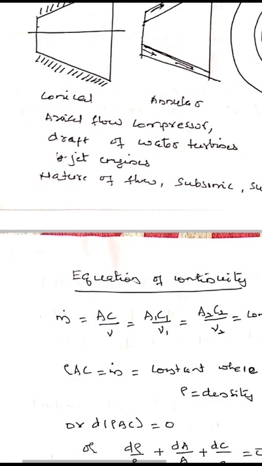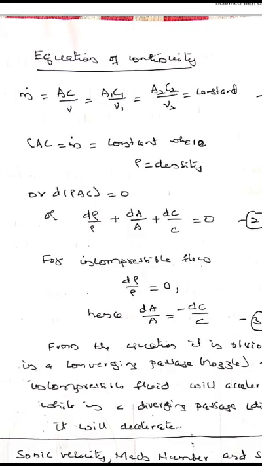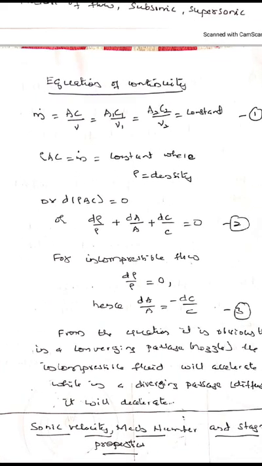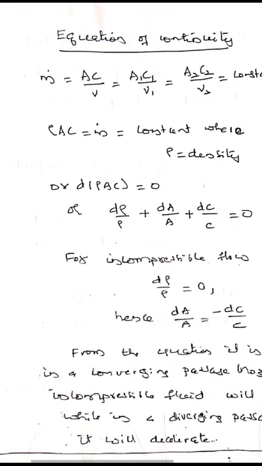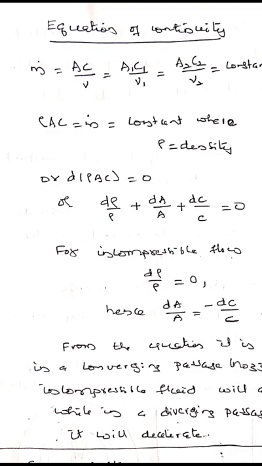Then, the equation of continuity. Mass flow rate through the fluid has to be constant. Therefore, m = AC/v = A1C1/v1 = A2C2/v2 = constant. Therefore, ρAC = m dot = constant, where ρ is density, or d(ρAC) = 0.